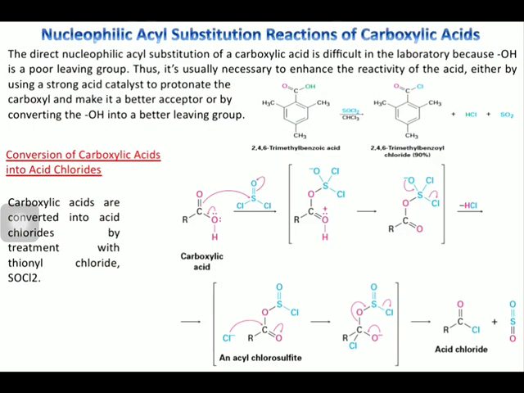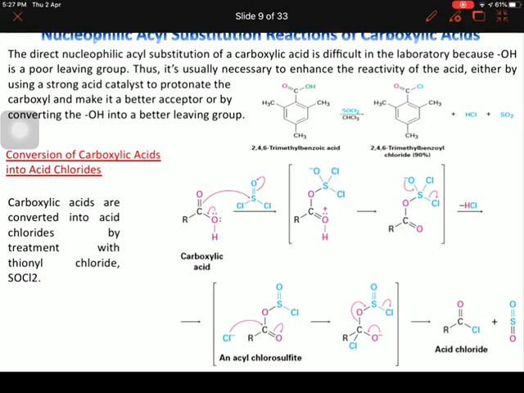Okay, next slide. How can I convert the carboxylic acid to the acid halide? We have two different agents that we usually use to convert the carboxylic acid to the acid halide. The first one is thionyl chloride.